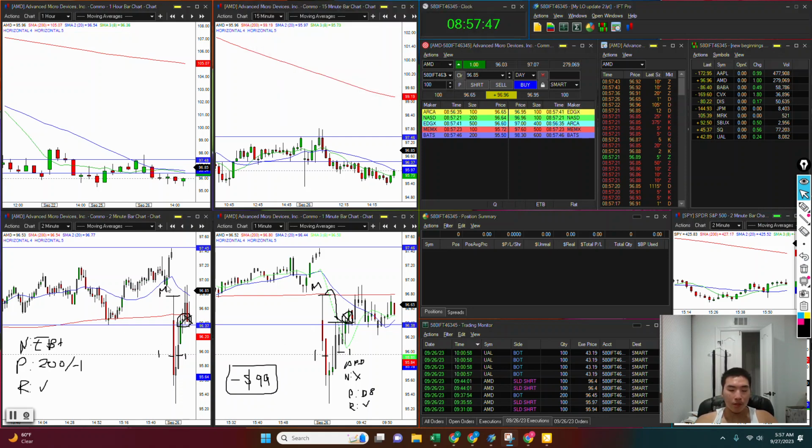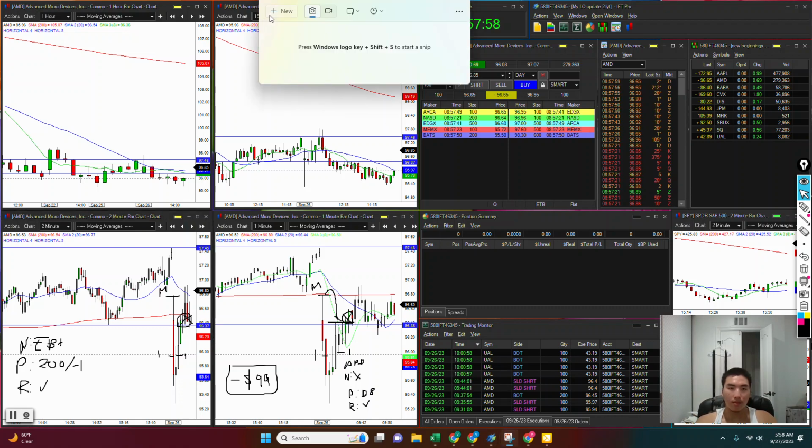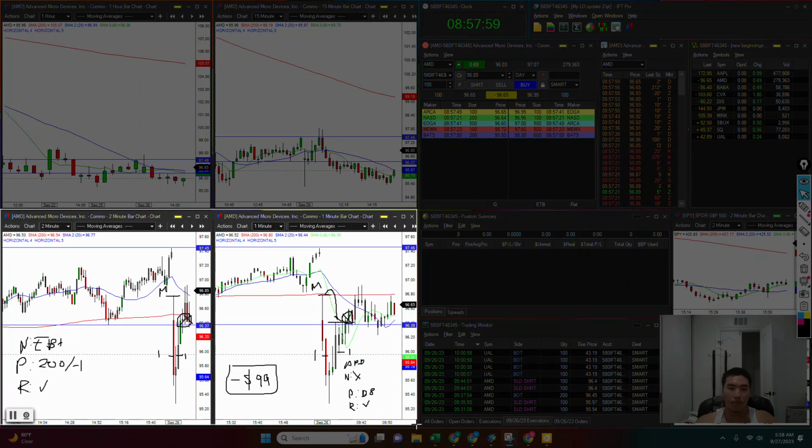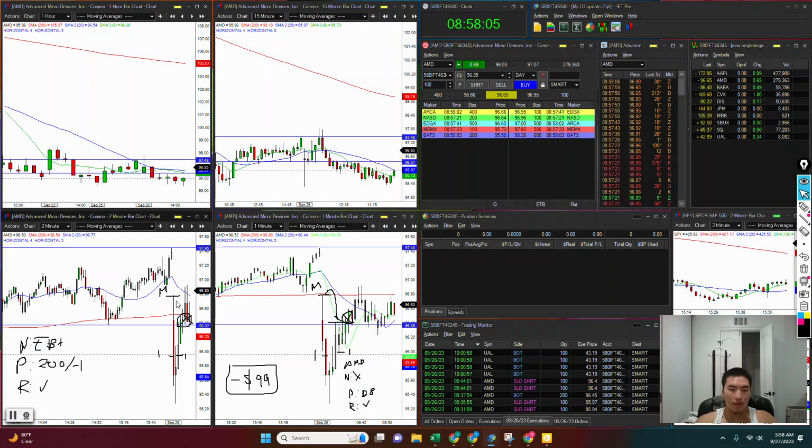I don't see an issue with the initial entry, because that's a play that I take pretty regularly. What's wrong with this? An elephant bar, momentum surging off of the 200. You just got no follow through at all.